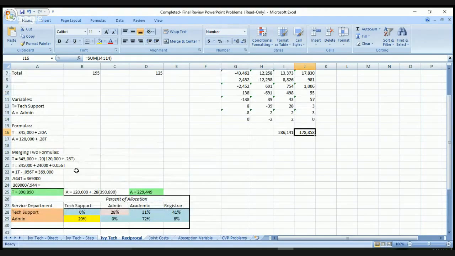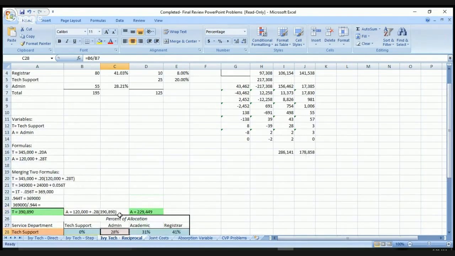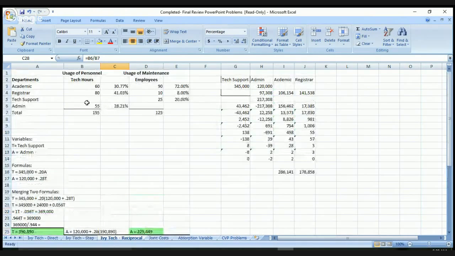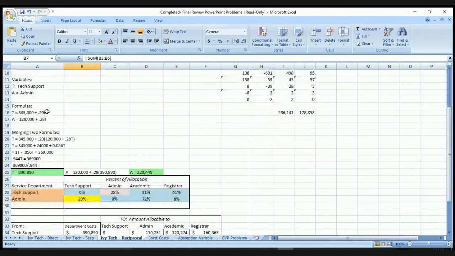And basically what you do is you take the 345 plus the 28%, which is 55 divided by 195, plus A. And then A, to get the tech support, we do the similar thing. Or I'm sorry, T equals 345 plus 0.2A.